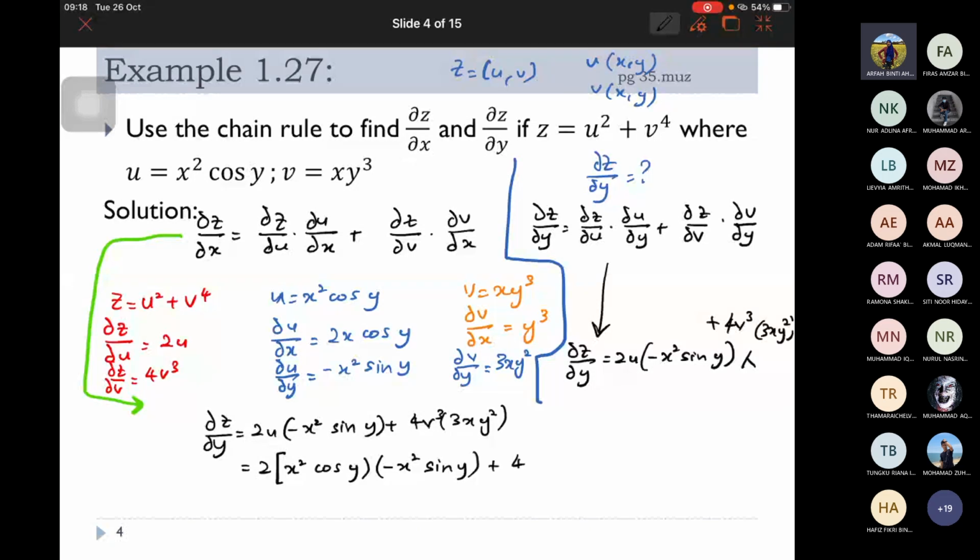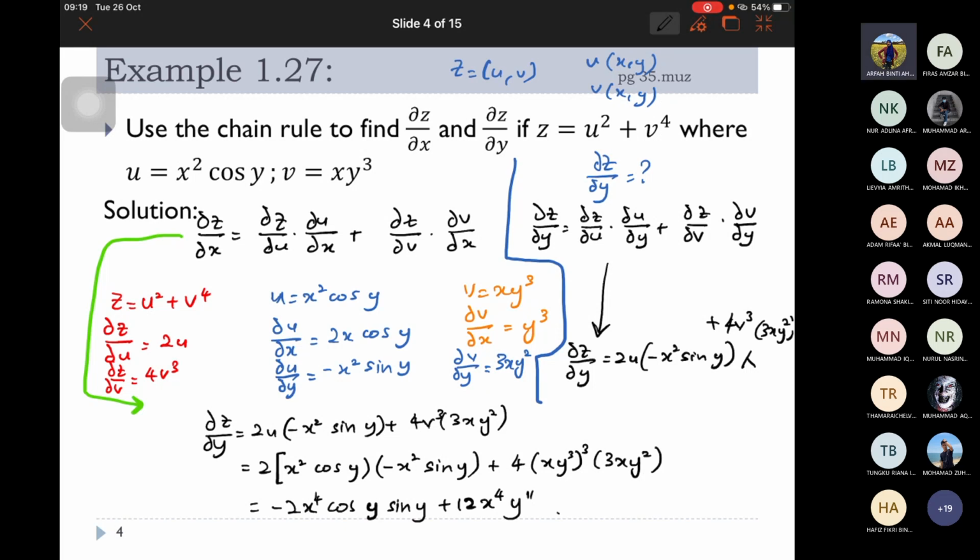Tambah dengan 4V adalah XY kuasa 3, 3XY kuasa 2. Sama dengan dapat negatif 2X kuasa 4 cos Y sin Y tambah 12 X kuasa 4 Y kuasa 11. Okay, dapat.